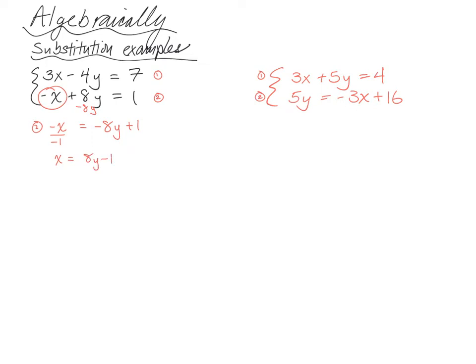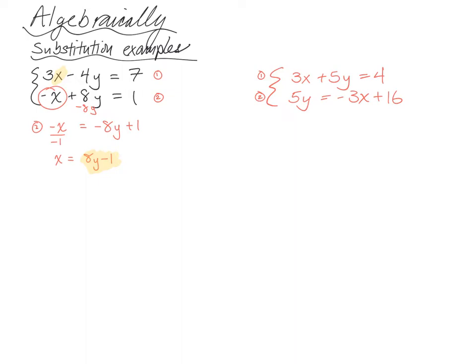So what do you do with that? This is all equation 2 that we've been working with. We know what x equals. We can then substitute whatever this is in for x in the other equation. We have to be using both equations here.